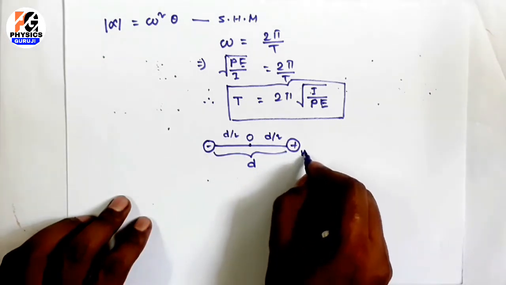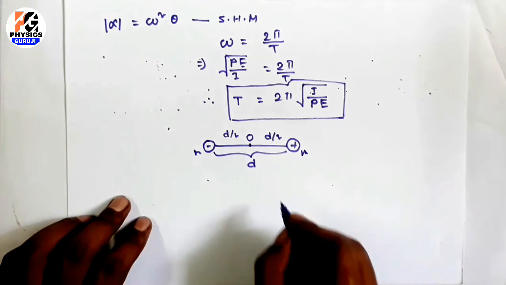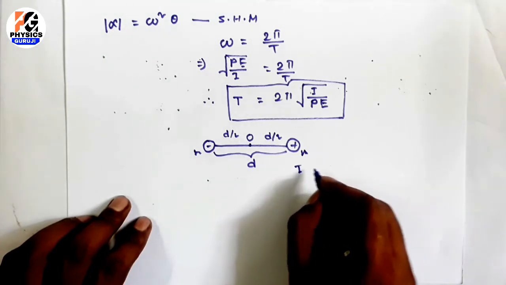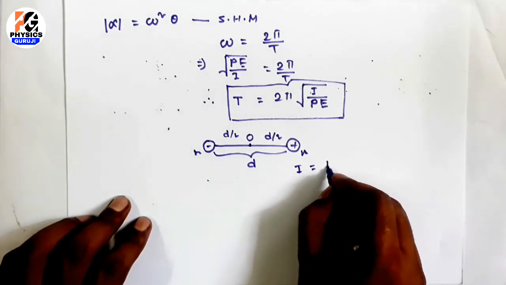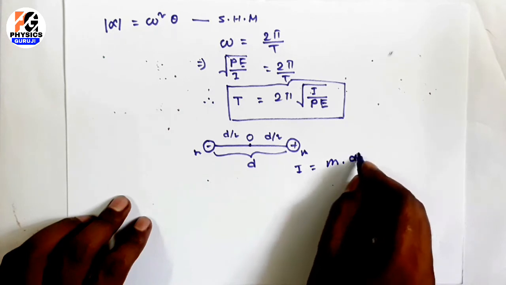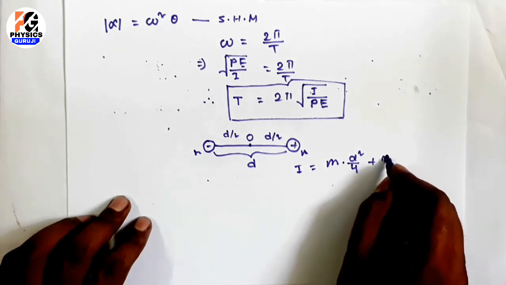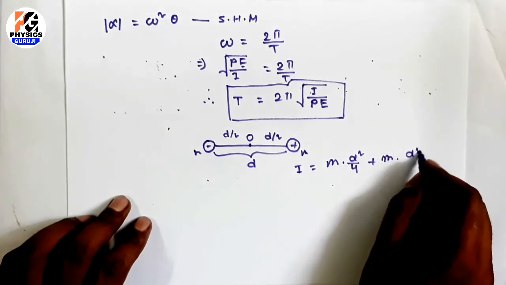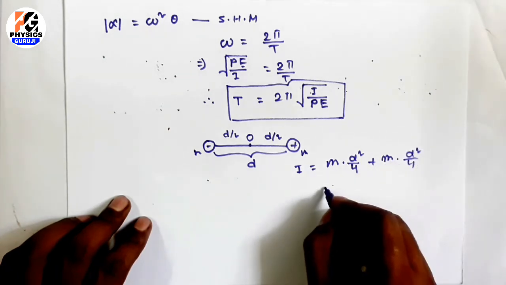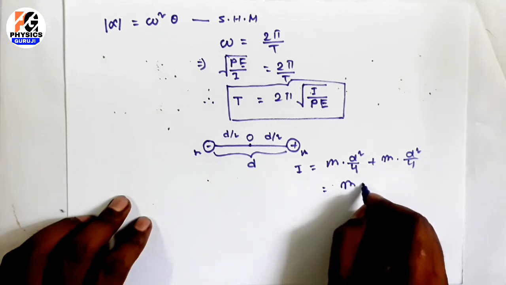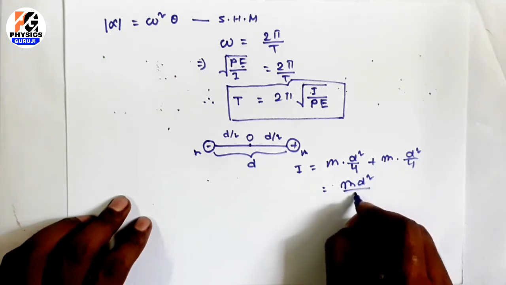If both particles have mass m, then the total moment of inertia I equals m into d by 2 squared, that is d squared by 4, plus m into d squared by 4, that is m d squared by 2.